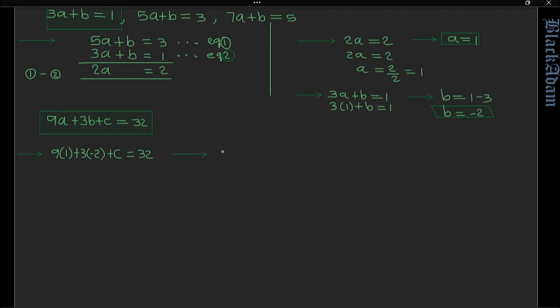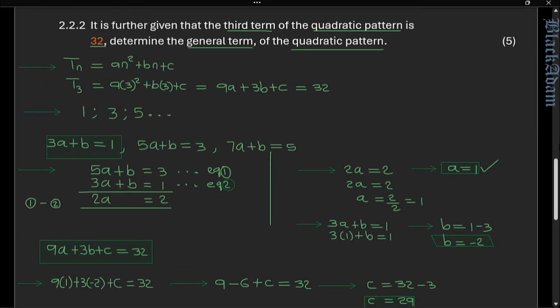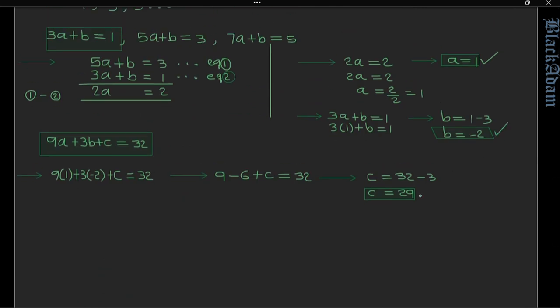And then we need to solve, so we know that 9 minus 6 plus c is equals to 32, and then we have c, which is going to be 32 minus 3, so 9 plus negative 6 is 3, so 32 minus 3 is 29. So that's our answer for the c value.